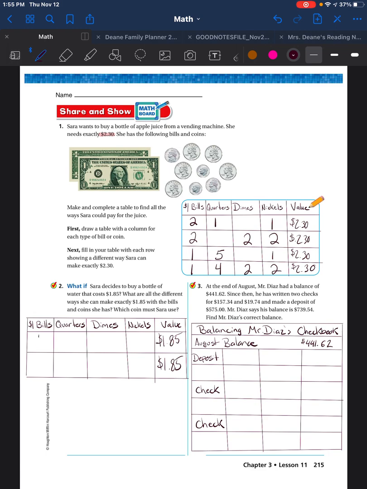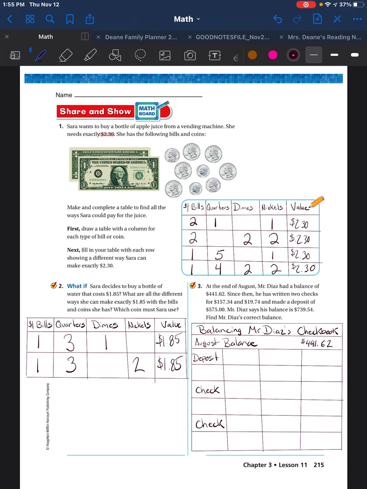And it looks like I could use $1 bill, 3 quarters, and 1 dime. I could also use $1 bill, 3 quarters, and 2 nickels to get exactly $1.85.